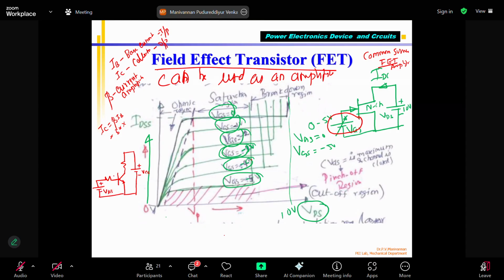This is an NPN transistor. This is collector, emitter, and base. This is RB, base resistance. This is RC, also called RL. We know why. The RC or RL is nothing but the load resistor.